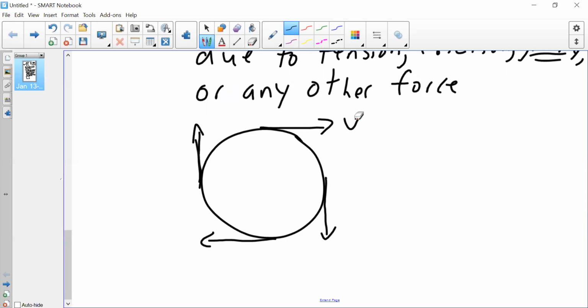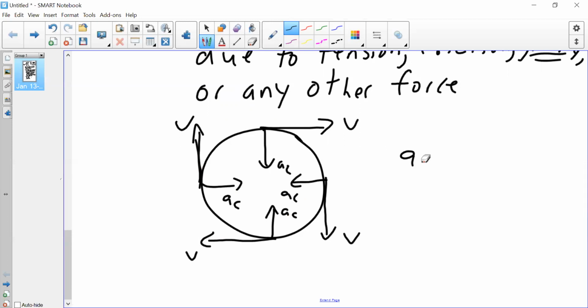Again, the speed is constant in magnitude, it changes direction, and at every moment we have this centripetal acceleration that we derived as v squared over r.